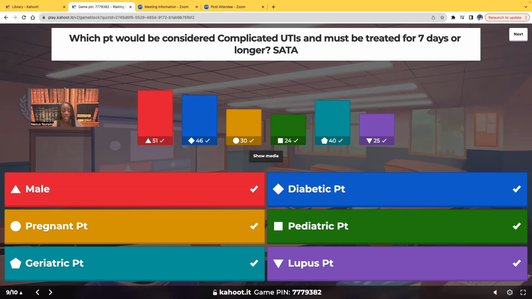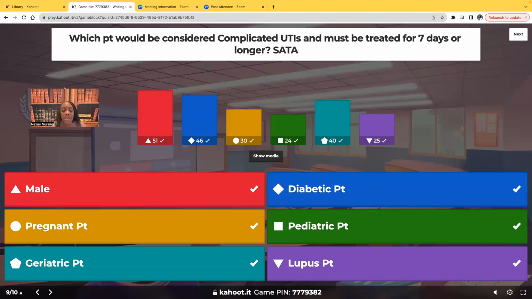Now, let me be more specific because the boards expects you to know this. If the patient is pregnant, she's going to go in for a regular checkup. Every time she goes in, we take urine. If we find bacteria, we find nitrites, we find WBCs, RBCs, we find protein in urine.